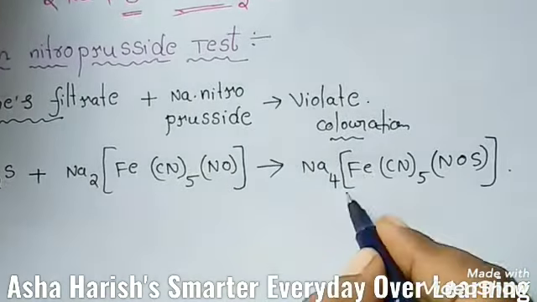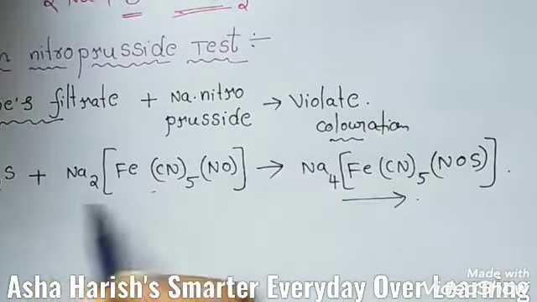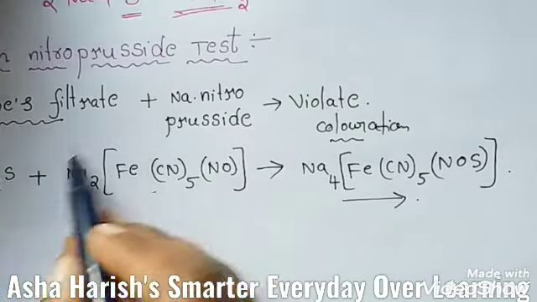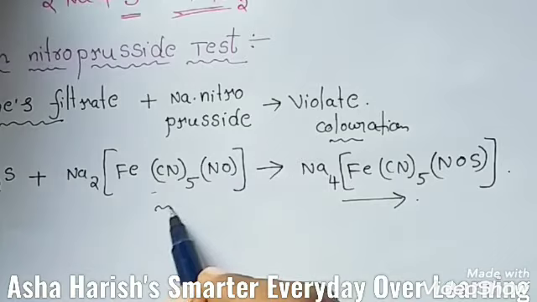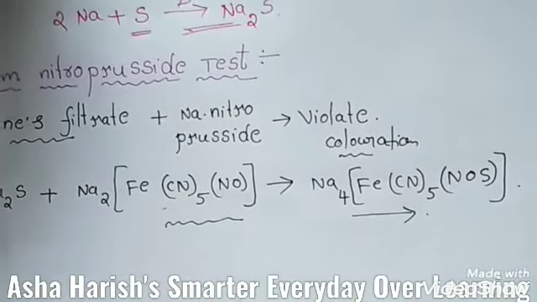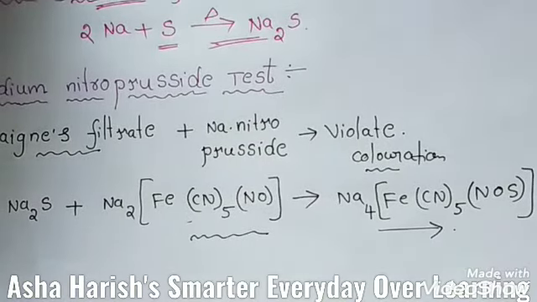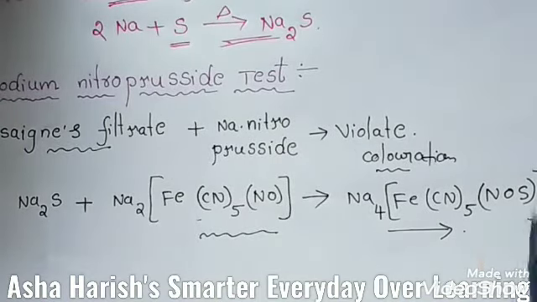So this is the violet colored compound, formed when sodium sulfide reacts with sodium nitroprusside. Okay, right. This is the sodium nitroprusside test to detect sulfur ions. If the organic compound contains sulfur, you can do this test.